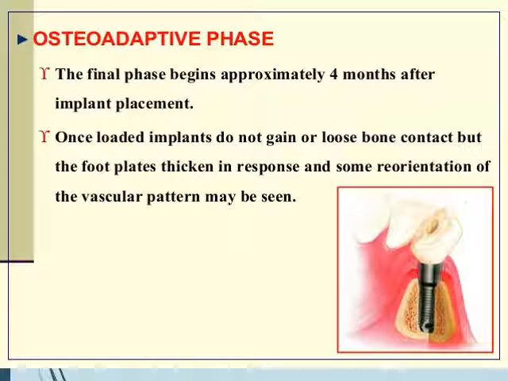The final phase begins approximately 4 months after implant placement. Once loaded, implants do not gain or lose bone contact, but the footplate thickens in response and some reorientation of the vascular pattern may be seen.